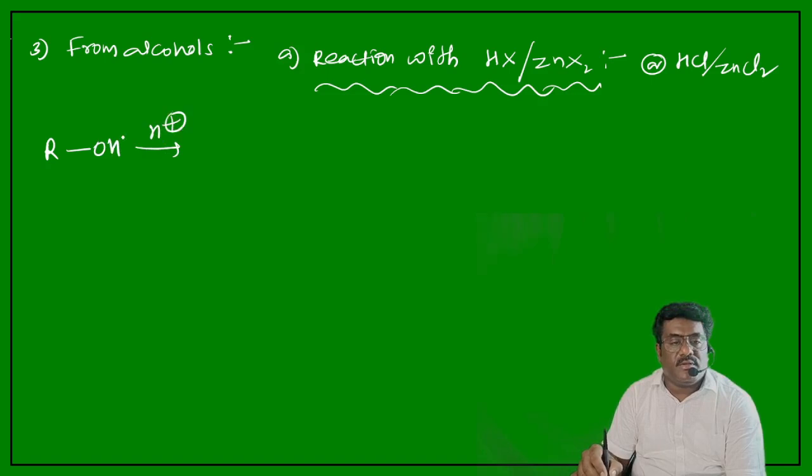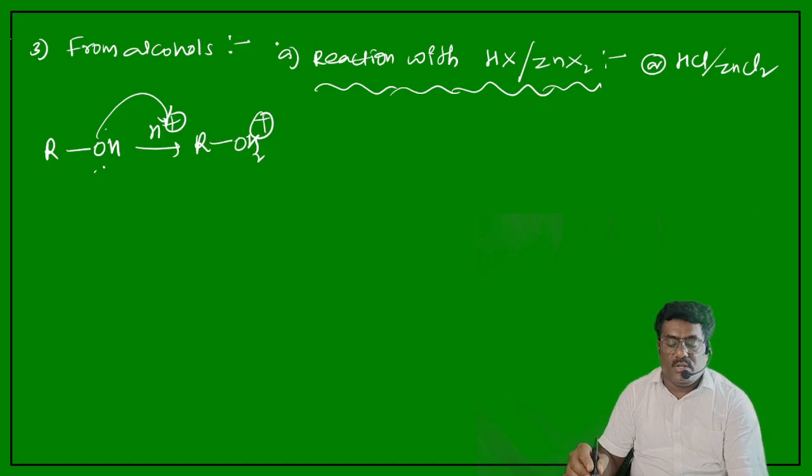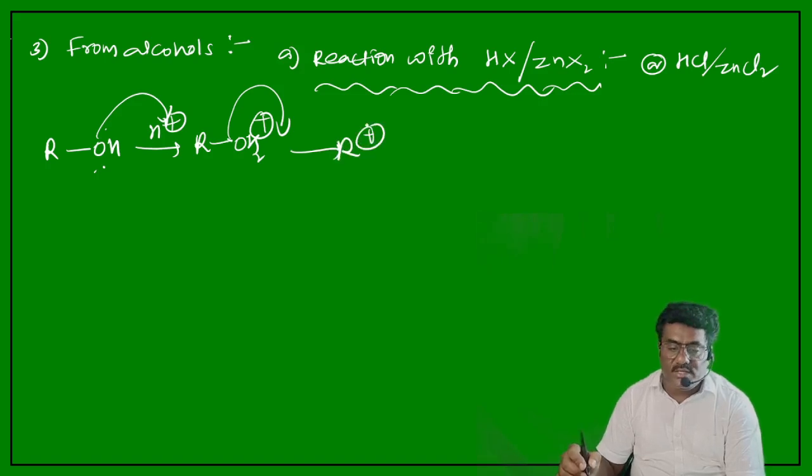It is protonated to form ROH2 plus. OH2 plus means water is an easy leaving group. It forms R plus, a carbocation.